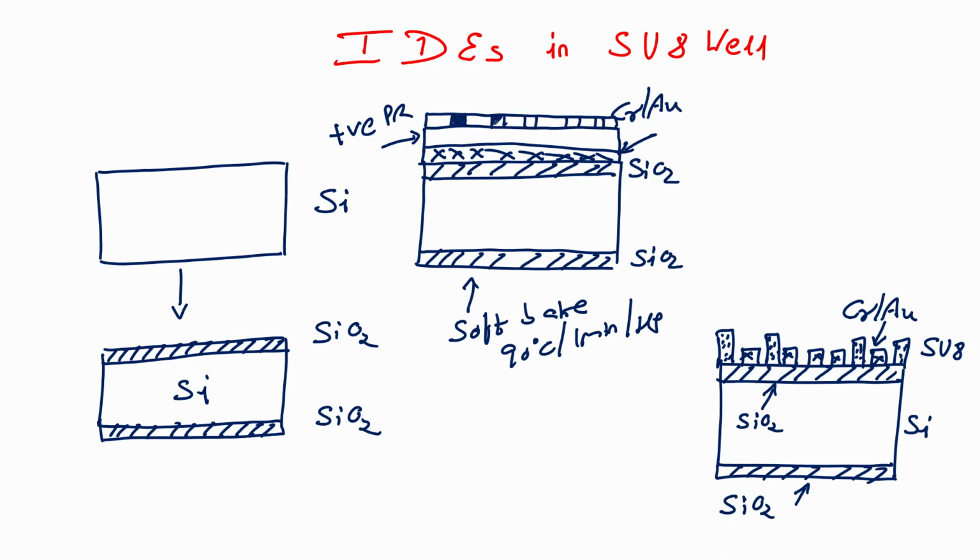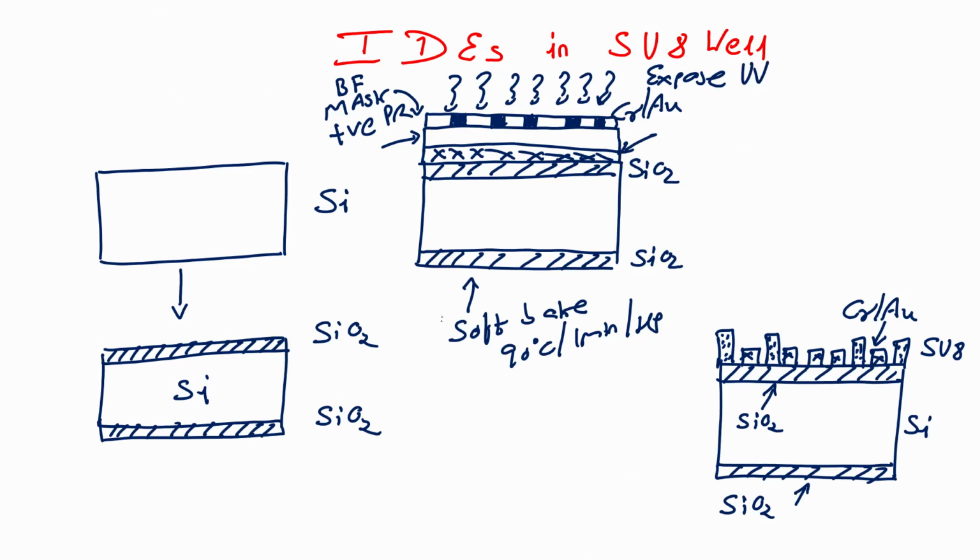Now, this is a bright field mask, field is bright, pattern is dark, bright field mask, right. Over this, what we will do? We will expose the wafer or photoresist with UV.